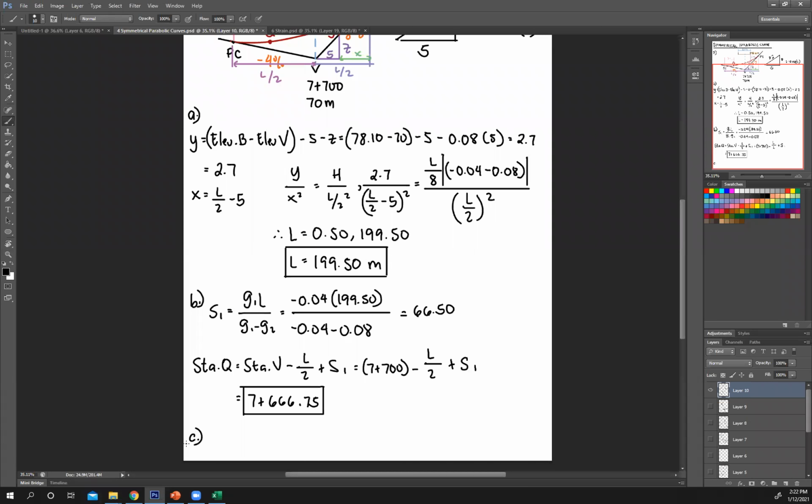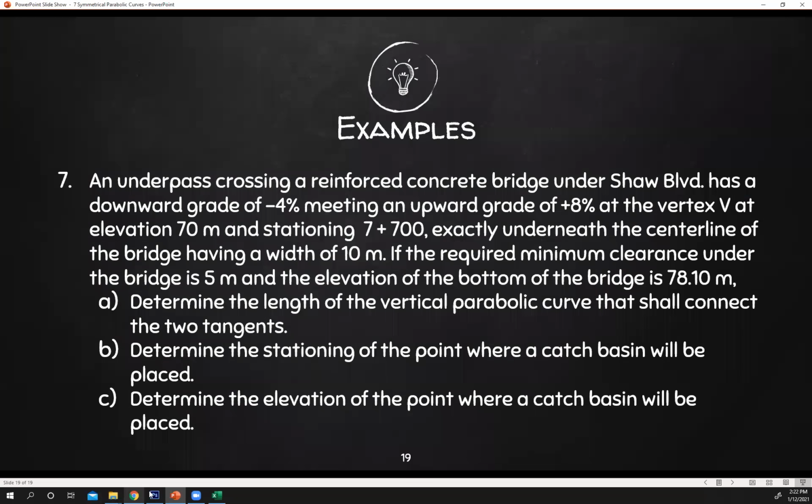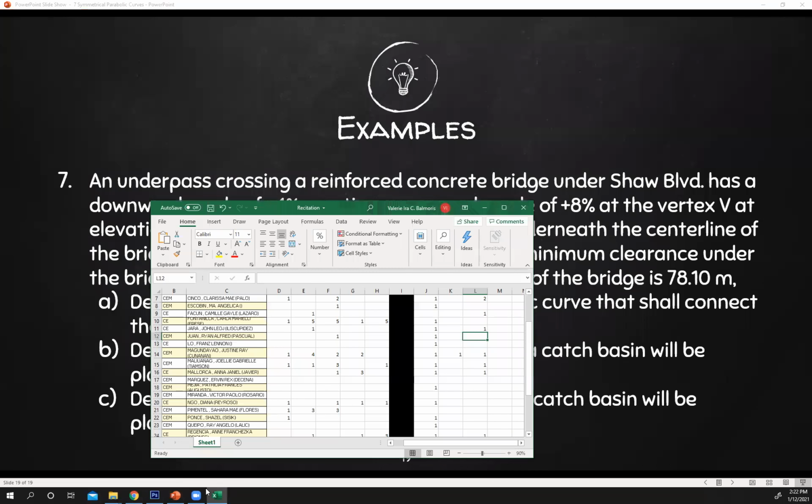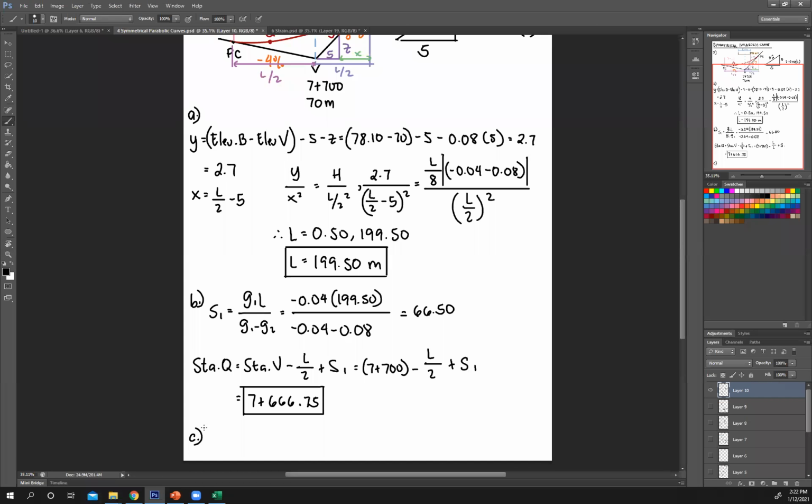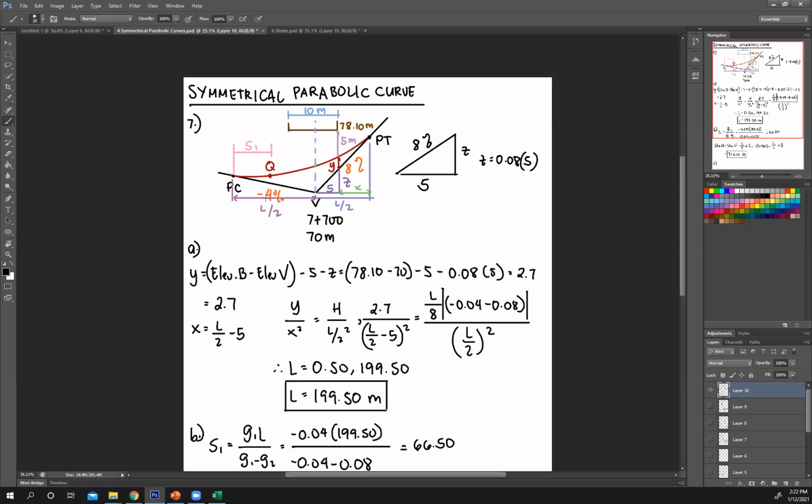And then lastly, letter C. Determine the elevation of the point where a catch basin will be placed. So now all I need to do is find the elevation of Q. By the way, in case you're wondering why for culverts and drainage pipes the elevation is below point Q, while here the catch basin is directly at point Q: culverts are underground, while the catch basin is the lowest point on your road or surface.